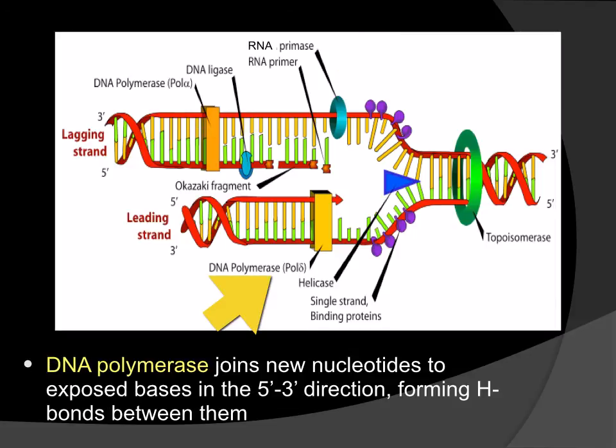Then you've got DNA polymerase, and this joins new nucleotides to the exposed bases in a 5' to 3' direction, forming hydrogen bonds between them. Now, something interesting to note is that DNA polymerase is the enzyme that corrects any errors that might happen during base pairing.